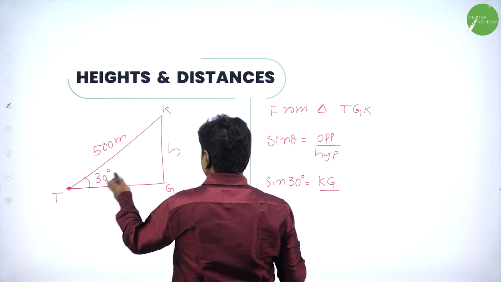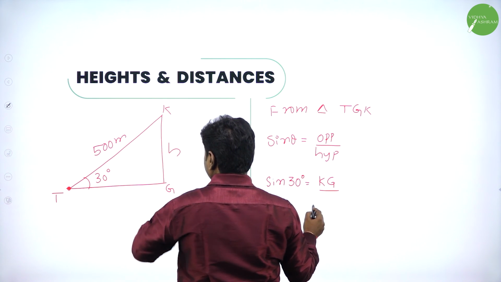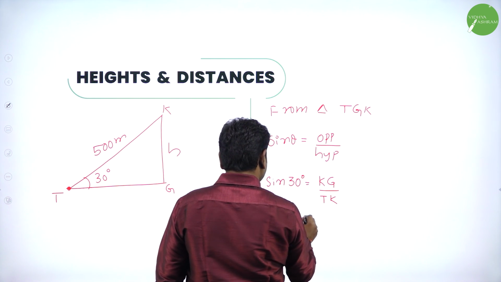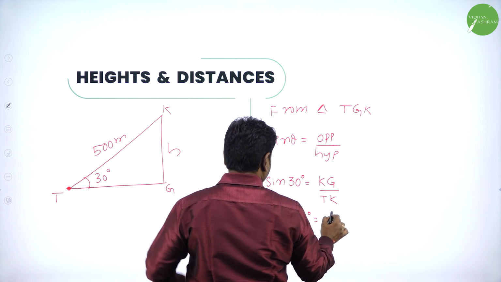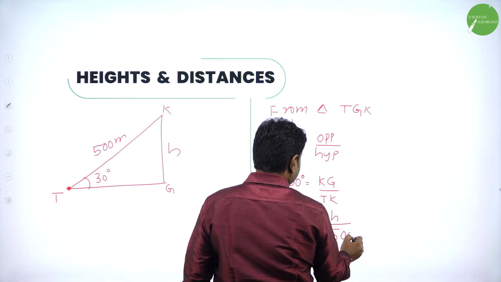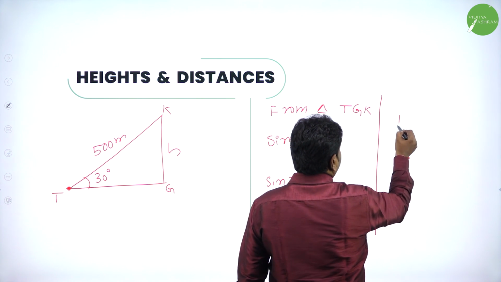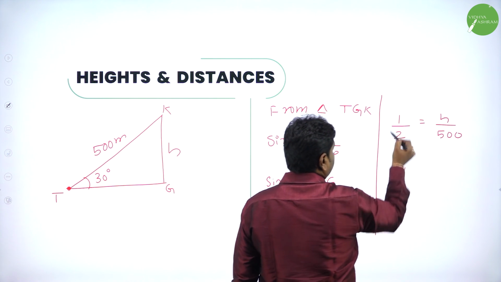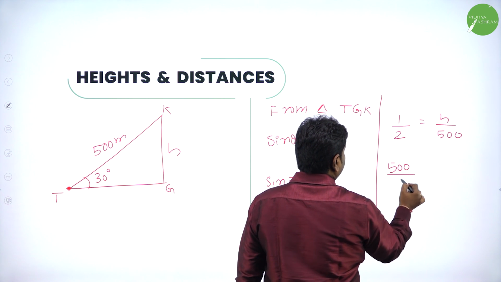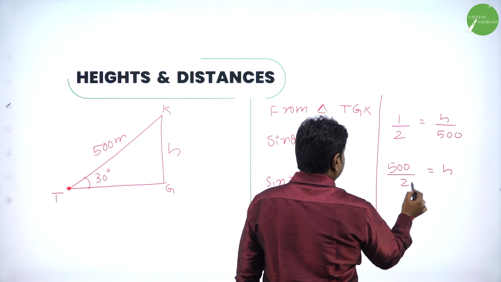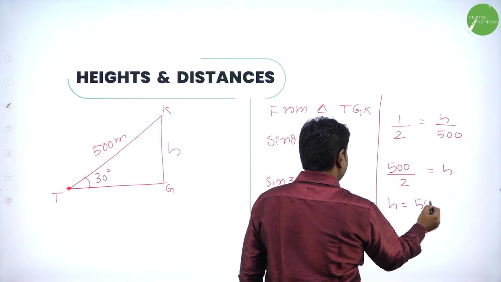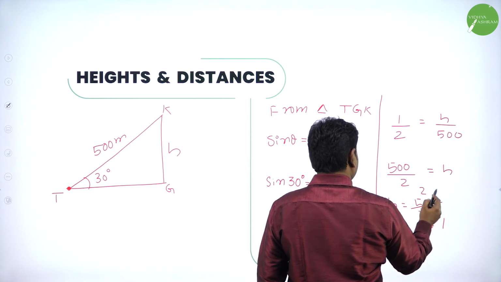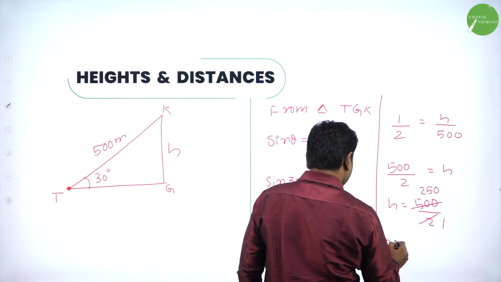So the opposite side to theta is h, and the hypotenuse is TK. So sin 30 is equal to KG, that is the height we don't know, over the hypotenuse we know, 500. Simplify this: sin 30 is 1 by 2, so 1 by 2 equals h by 500. We need h, so transfer 500 to this side: 500 divided by 2 is equal to h. So h is 500 divided by 2, so 2 fives are 10, 250. So h is equal to 250.